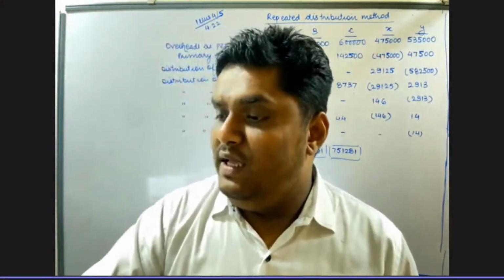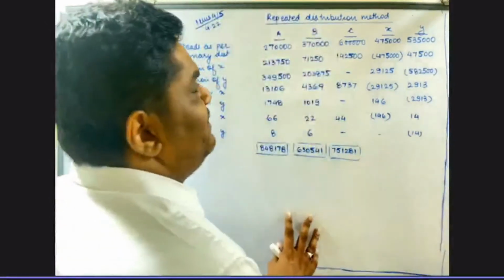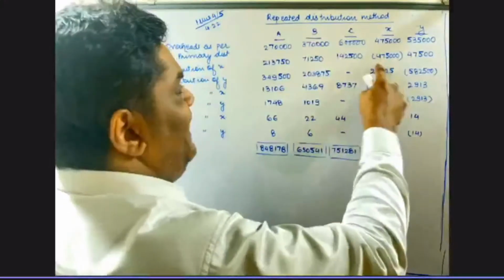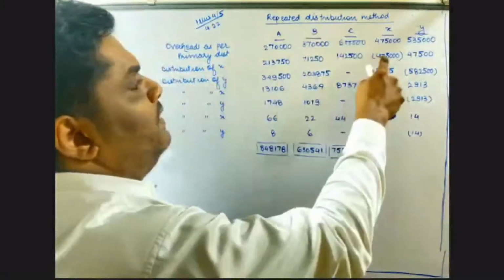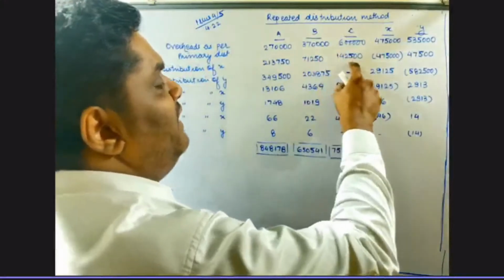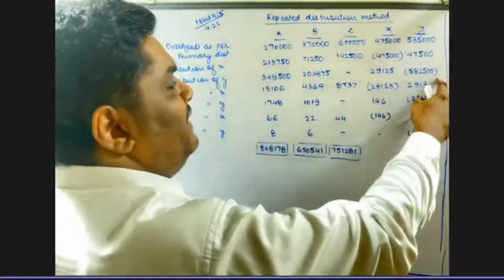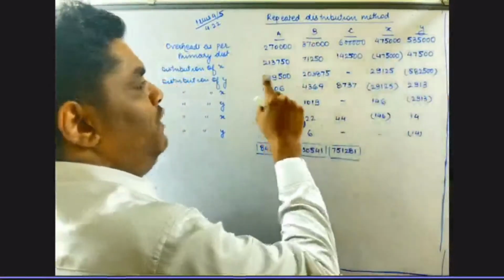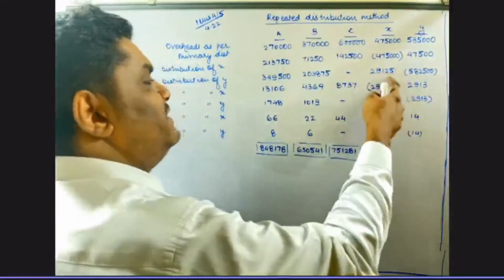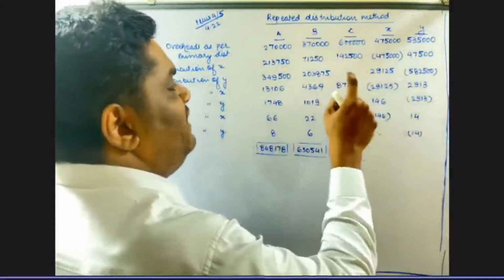Komal Prajapati, please repeat. So see, Komal, repeated distribution method says that you have to repeatedly distribute the overheads. First we distributed X, that is 4,75,000, in 45, 15, 30 and 10. Now this total distributed to Y, 582,500, was again distributed to A, B, C and X. Now X 29,125 is again distributed to A, B, C and Y in 45, 15, 30 and 10.